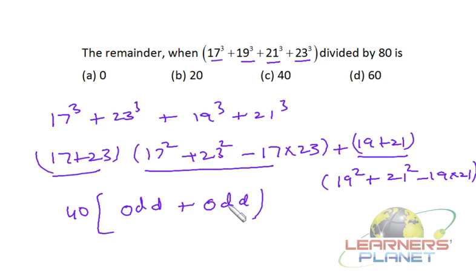Now odd plus odd will be an even number, that means at least it will be 2, so 2 into 40, that is 80. That means this expression is actually a multiple of 80, so it won't give any remainder except 0. Okay, as simple as that, and it is a good application of algebraic concepts or algebraic formula. I hope you are clear with the method.